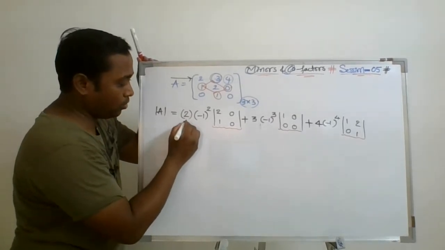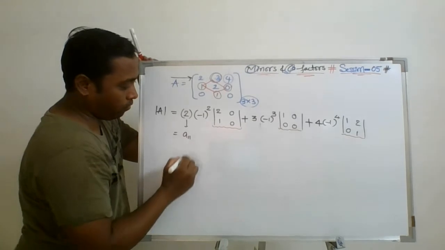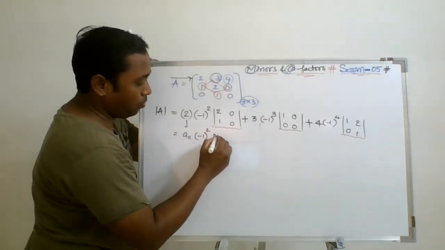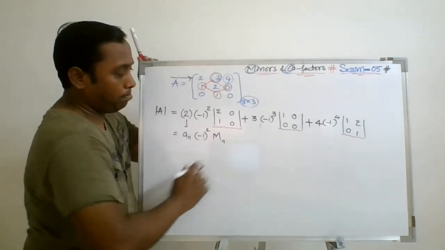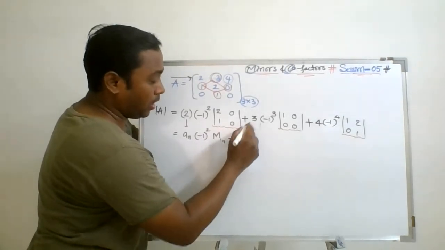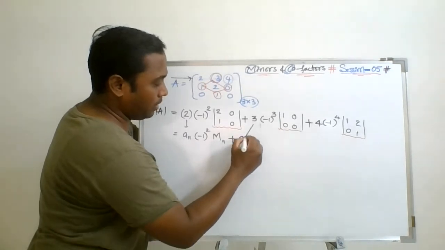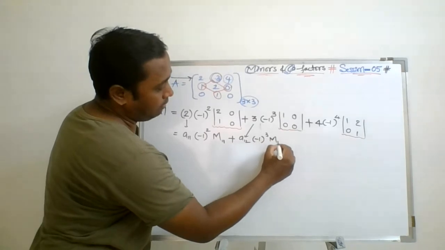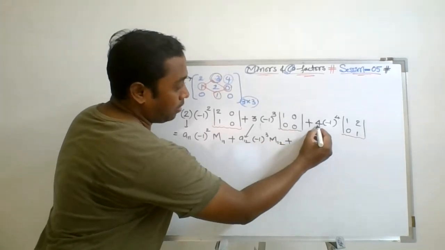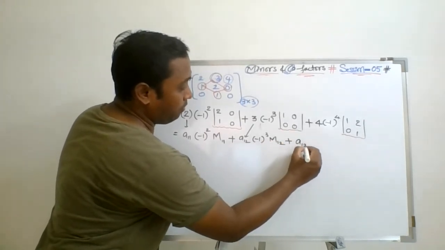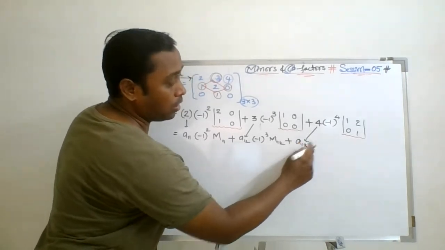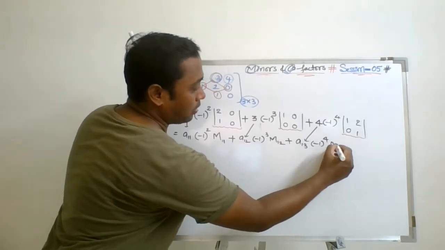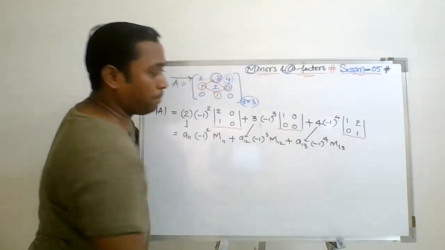So I can write this 2 as A11 into (-1) squared into M11. This is the minor. Similarly, the element 3 is A12, into (-1) cubed into M12. Similarly, this is considered the A13 element, the first row third column element, into (-1) to the power of 4, and this is M13, that is the minor.